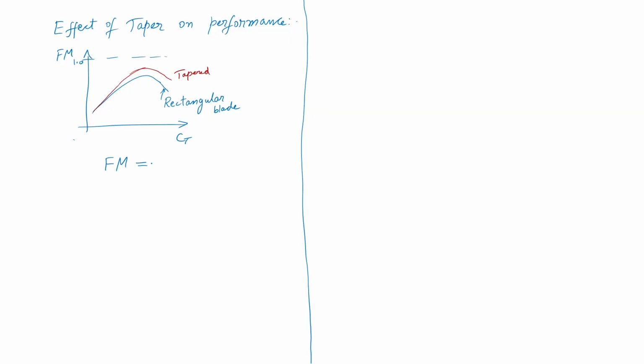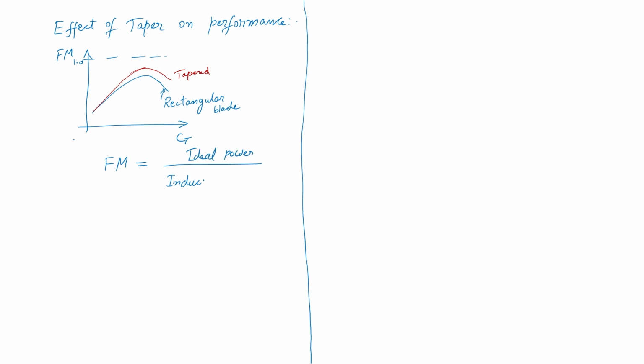An answer should be very obvious to you if you just simply look at the formula for figure of merit. It has induced power, well, top is actually ideal power, not just induced, which is ideal induced power.